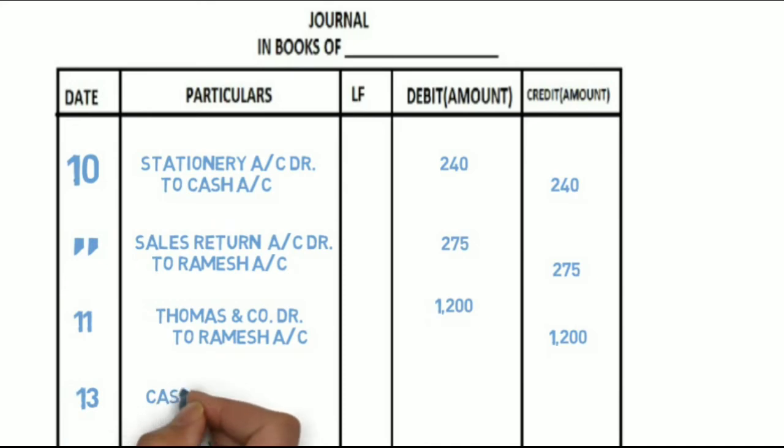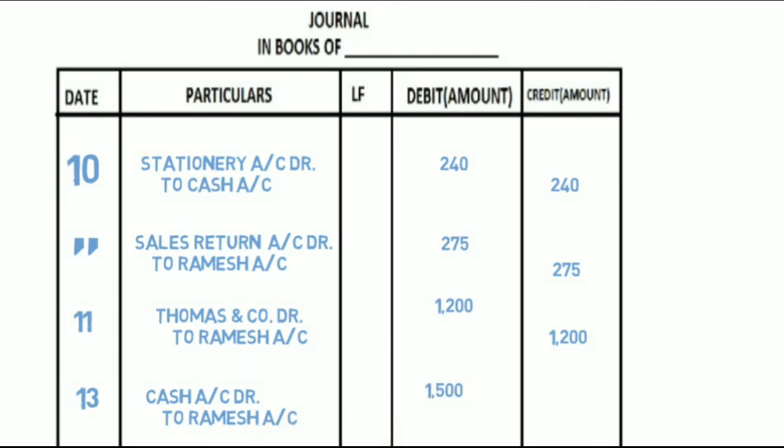So cash, an asset, is coming into the business, or our asset is increasing. So cash account debit to Ramesh account 1500.